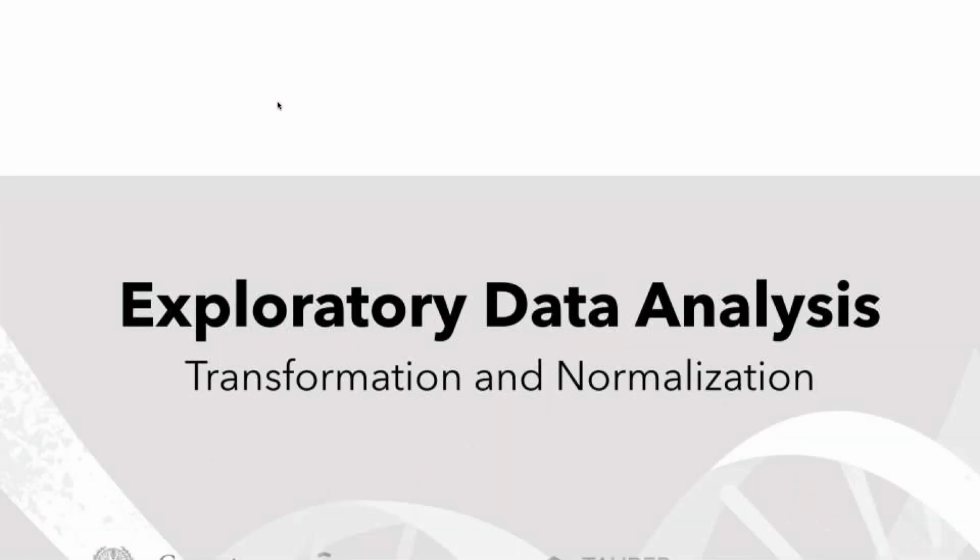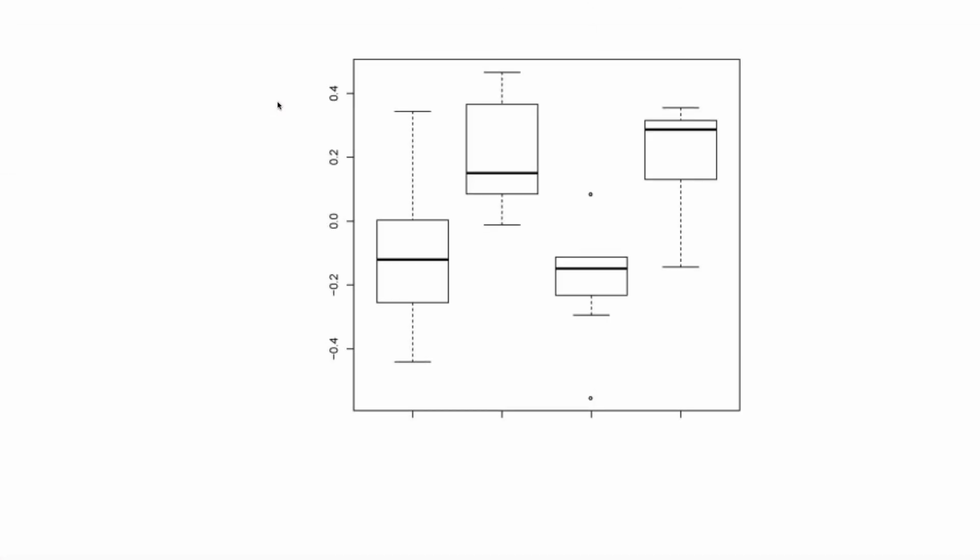So let's take a look at this visual representation of the data. Does anybody know what this type of visualization is called? And what does it show? Does anyone know? Okay, great, box plot. Do you know what these bars in the middle are?